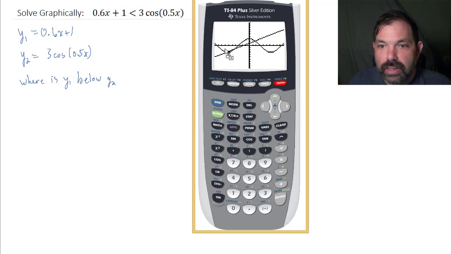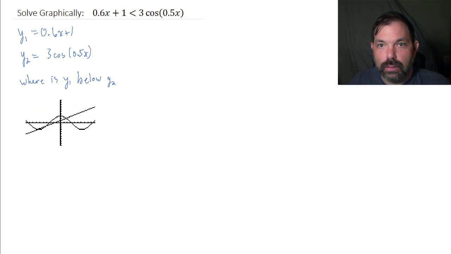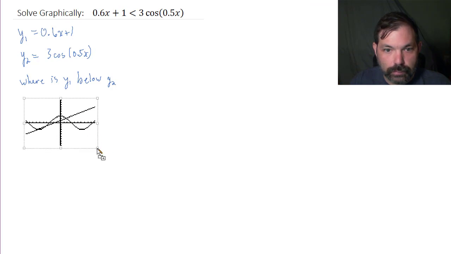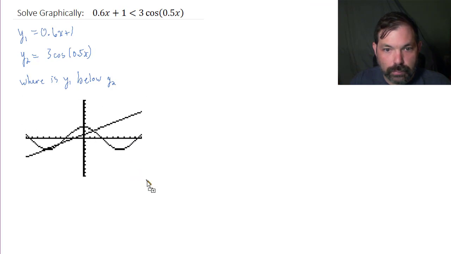All right, and what I see is there's 1, 2, 3 points of intersection. Let me drag this down. So I see 1, 2, 3 points of intersection.